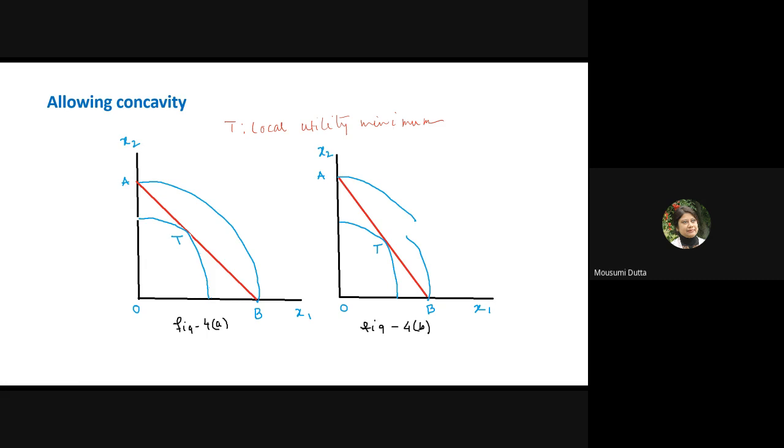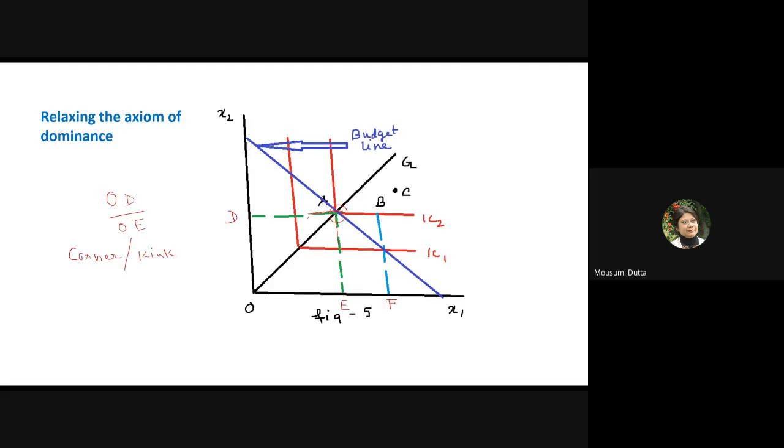What was the axiom of dominance? More is better. That was the idea. Now we are considering the consumer's equilibrium when we are relaxing the axiom of dominance. Now to understand this context, we will consider the indifference curve which is L-shaped.